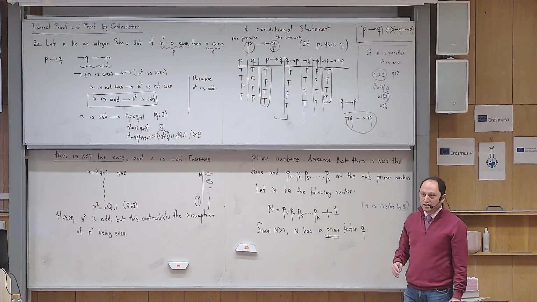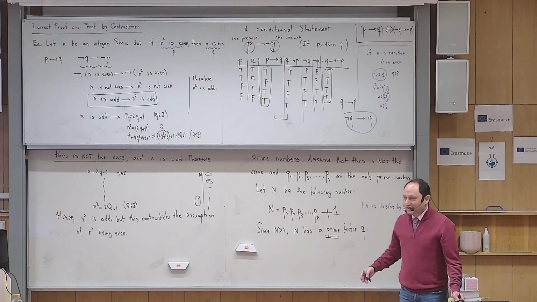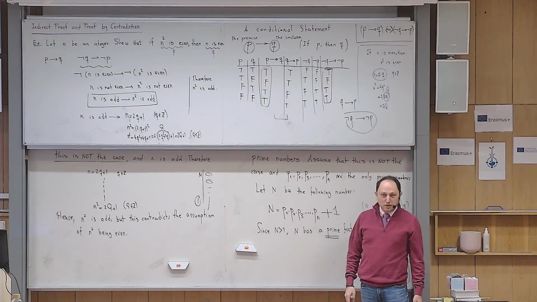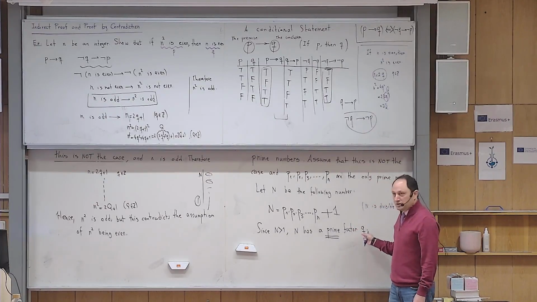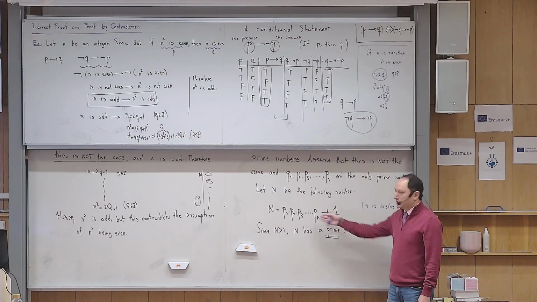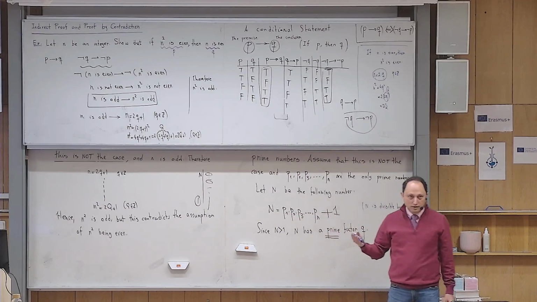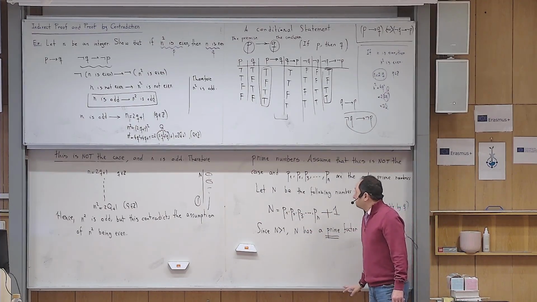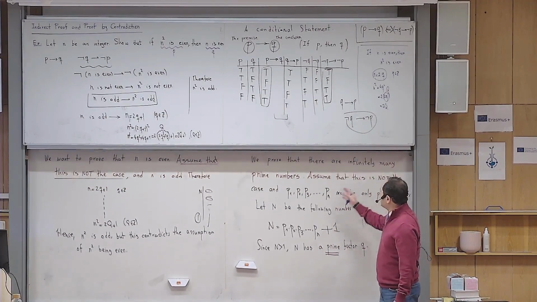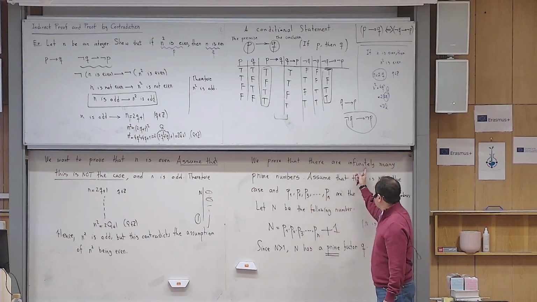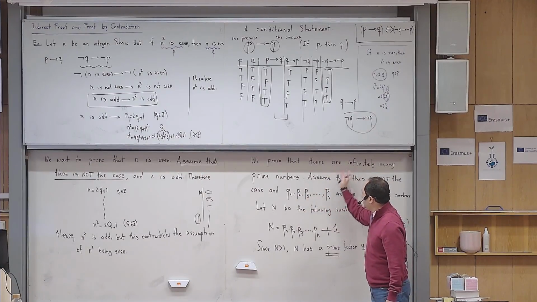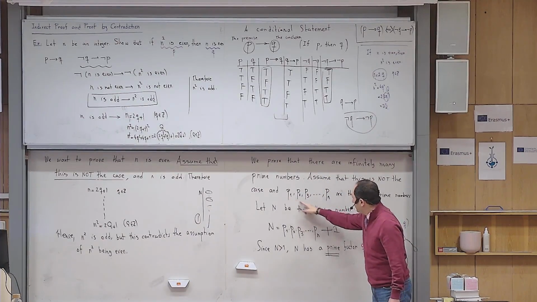On the other hand, you told me this is the list of all primes. So what does it mean? It means this q has to be one of them. Is that right? Because we want to prove that this is infinite. If not, I tell you, okay, you say this is not infinite, so please write the list of all of them.